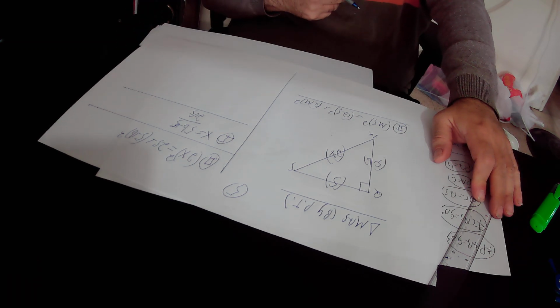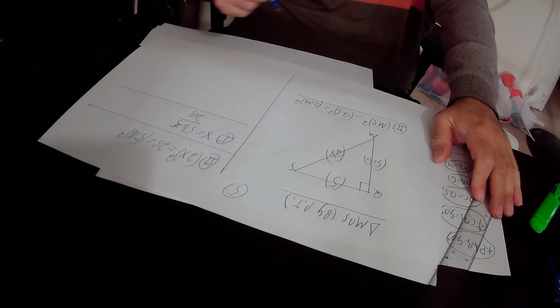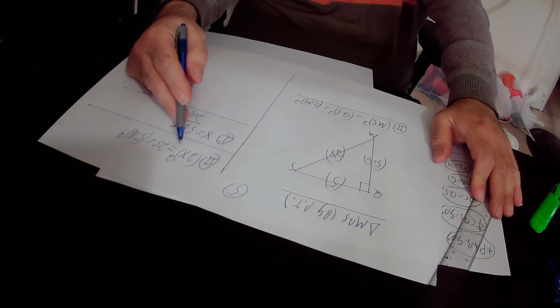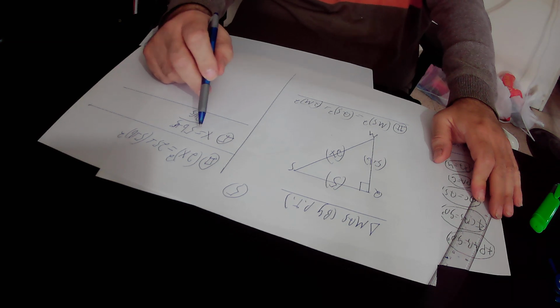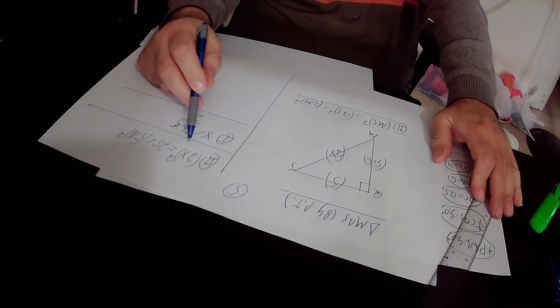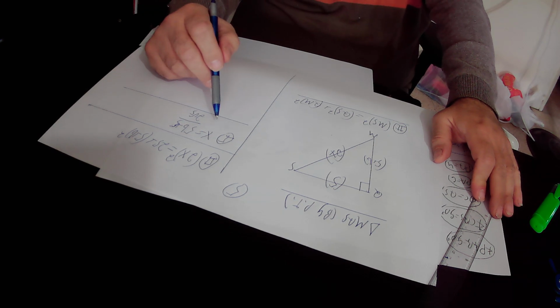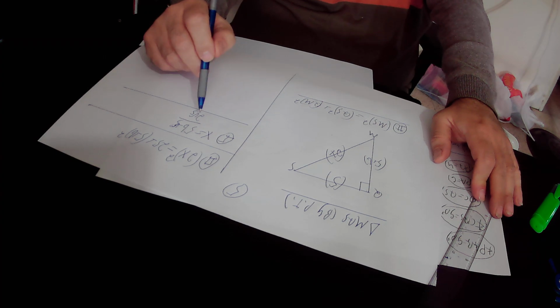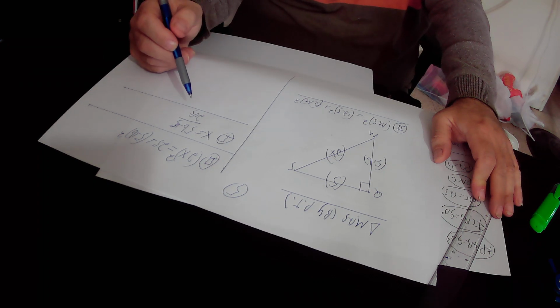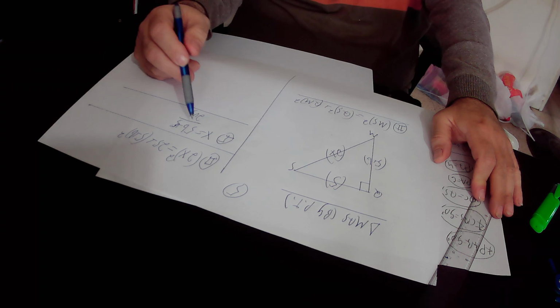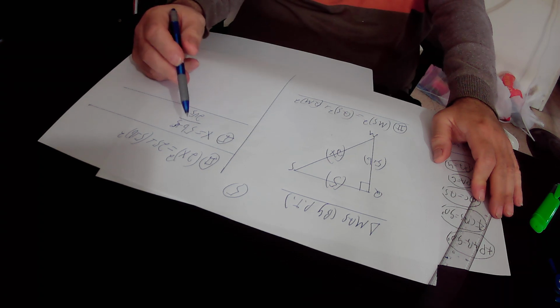So we can substitute x in equation number 2 by the value of x that we found in equation number 1. Therefore, we can substitute x by 5b plus 5 over 2 times square root of 5 in equation number 2.